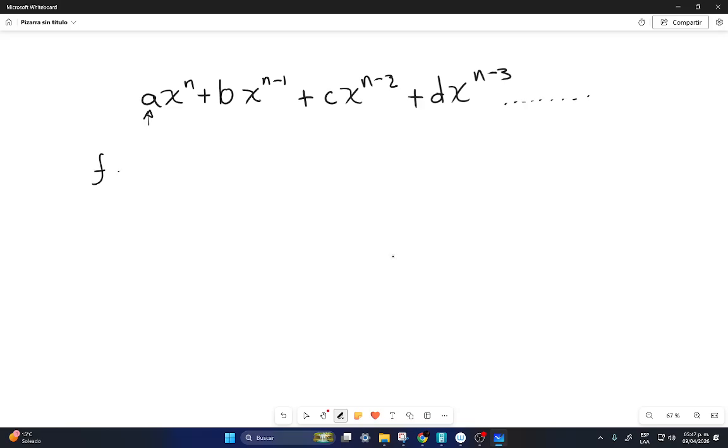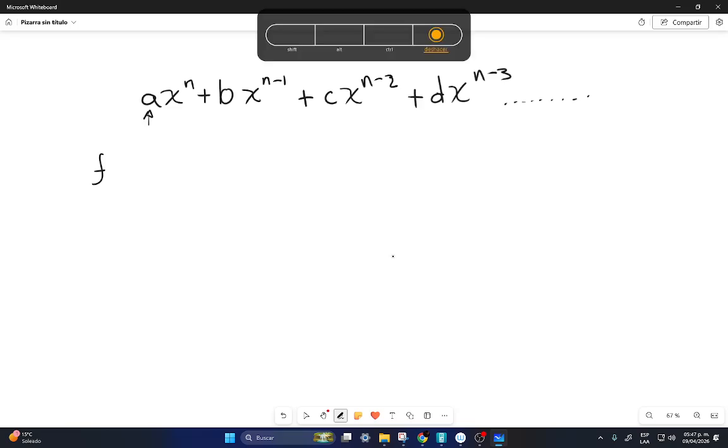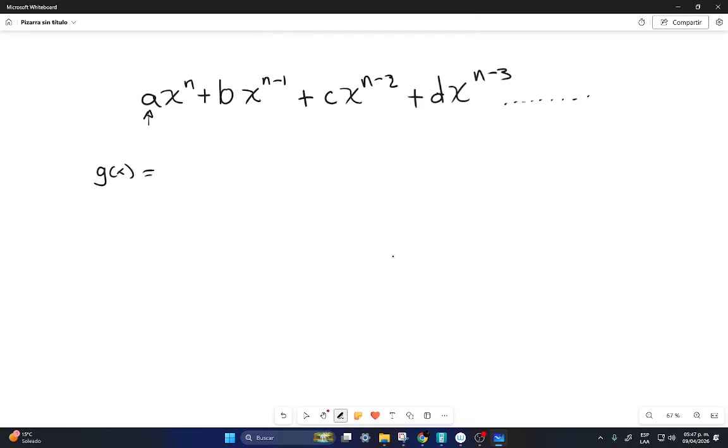So let's see, for example, another function. I am going to use g of x to make it different. Let's write a polynomial. I'm just going to make it up on the spot. So g of x = 3x^5 + 5x^4 - 4x^3 + 2x^2 - 3x + 4.